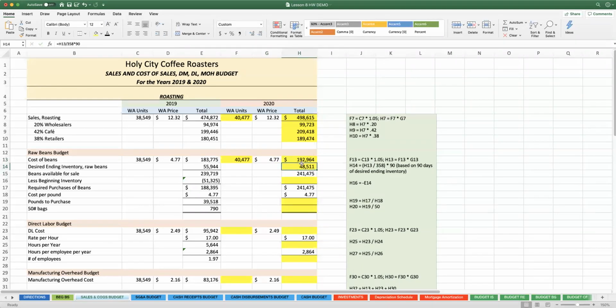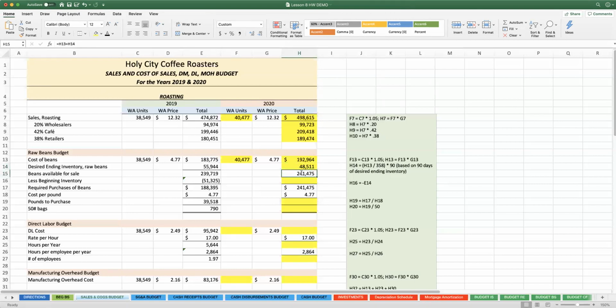So that should give us our desired ending inventory. Notice that is a little less than what it was last year. And so that's that progress we're talking about making, going from 104 days of inventory on hand down to 90 days. So when we do the ratio on this next week, you'll notice that it's coming down.